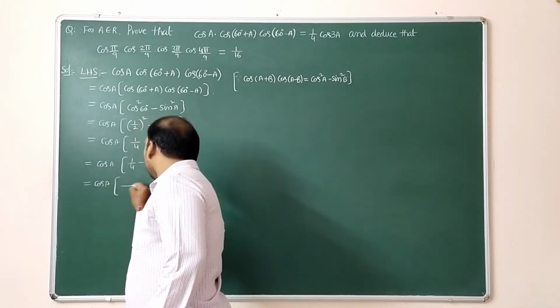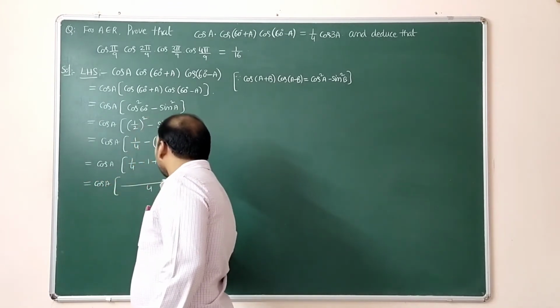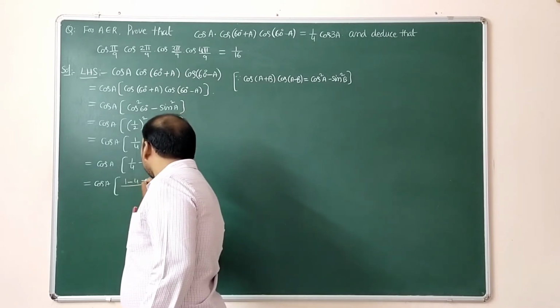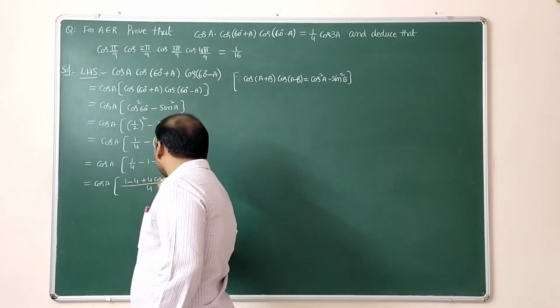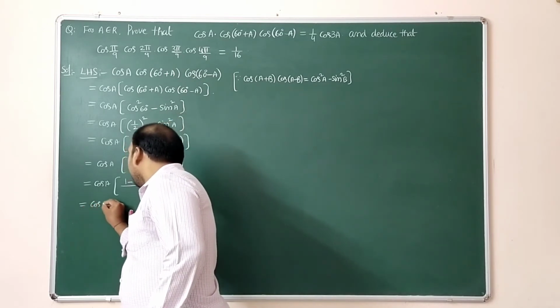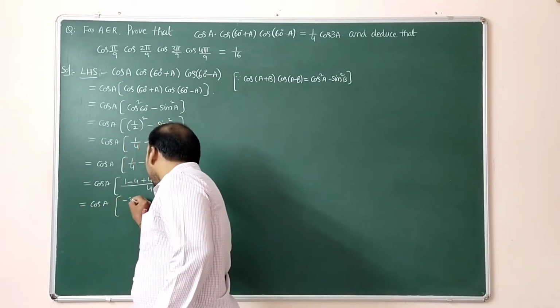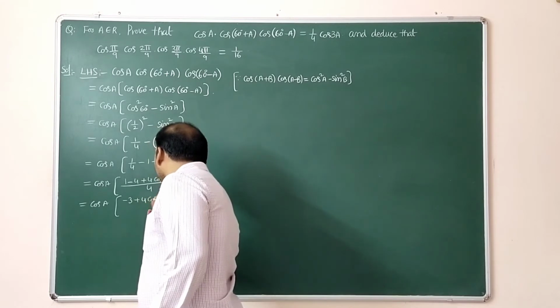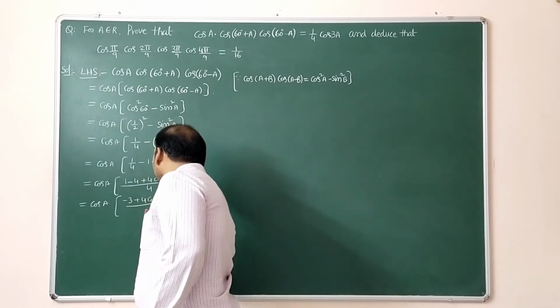Cos A into, 4 is the LCM, 1 minus 4 plus 4 cos square A, which is equal to cos A into minus 3 plus 4 cos square A divided by 4.